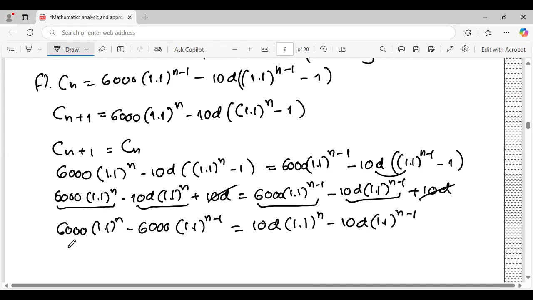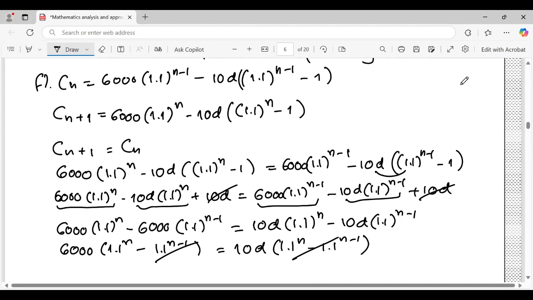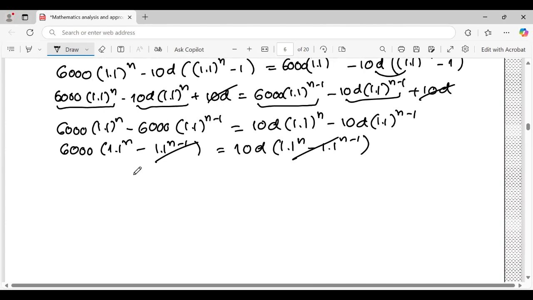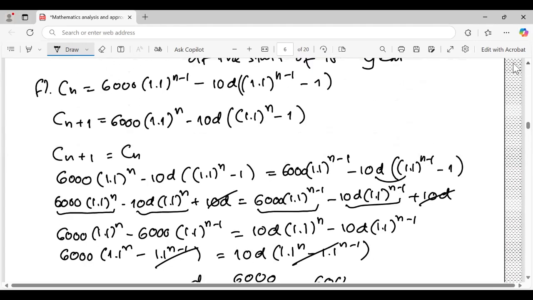After that, factorize 6,000 times 1.1 power n minus 1.1 power n minus 1, equals 10D times 1.1 power n minus 1.1 power n minus 1. And divide it. So it becomes D equals 6,000 divided by 10 equals 600. Next question.